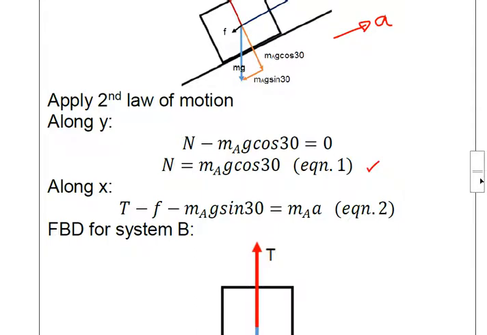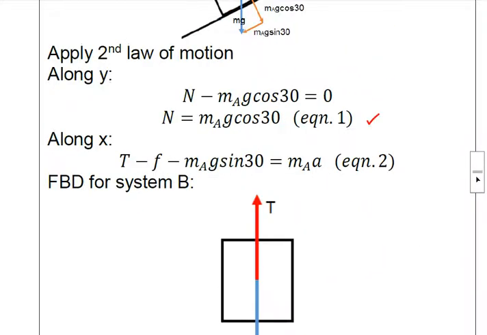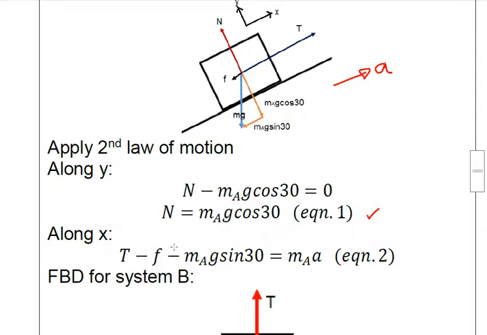Okay, so if you're going to look at the figure in here, this is T, and you have here another T. So the two systems are actually connected. They have a common variable, and that is the tensional force. Notice also that in equation 2 you have two unknowns: the tensional force and the acceleration.